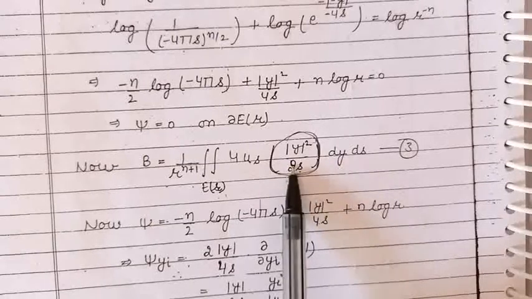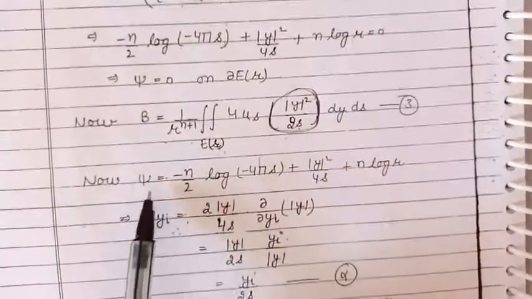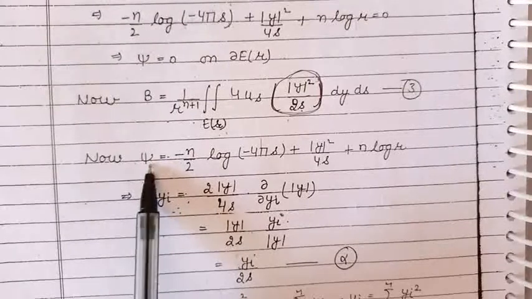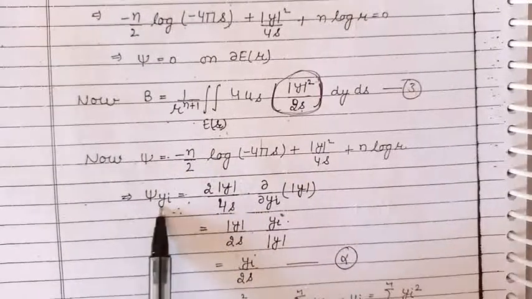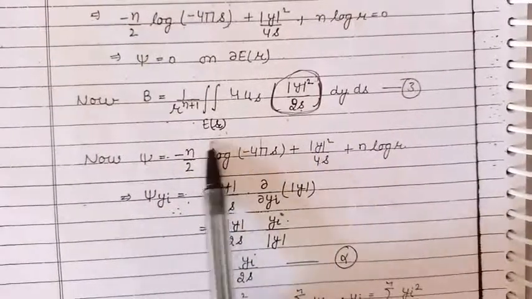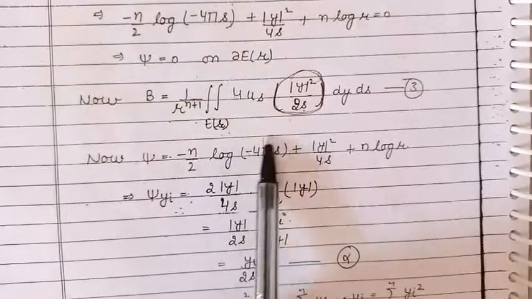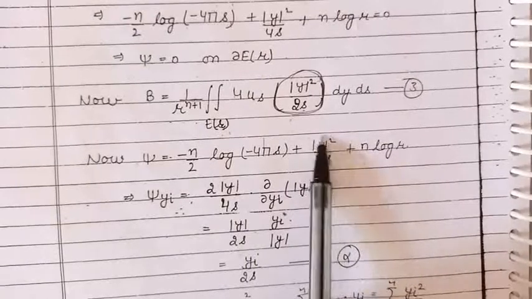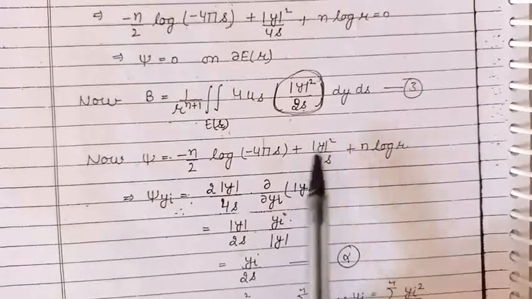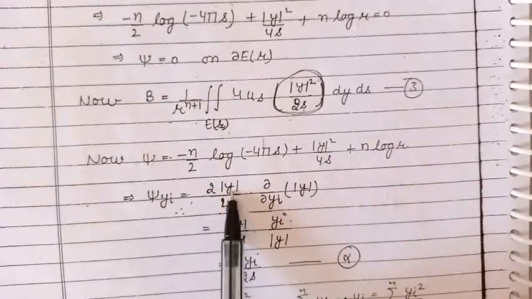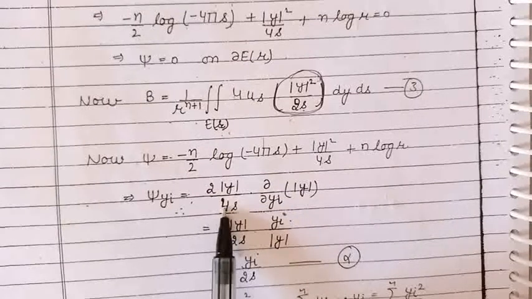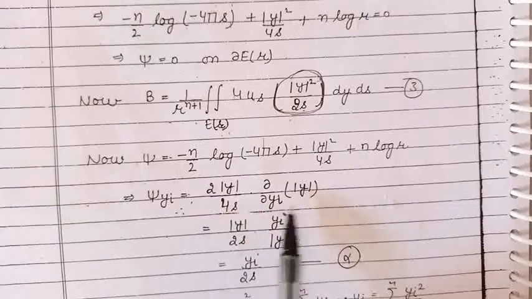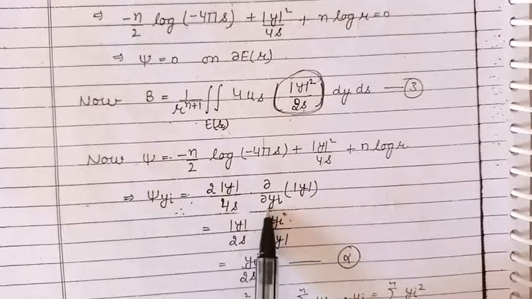To find this value, let us differentiate the function psi partially with respect to yi. This term is not a function of y, so its partial derivative with respect to yi will be 0. The derivative of this expression with respect to yi is given by 2 into |y| upon 4s into the partial derivative of |y| with respect to yi.